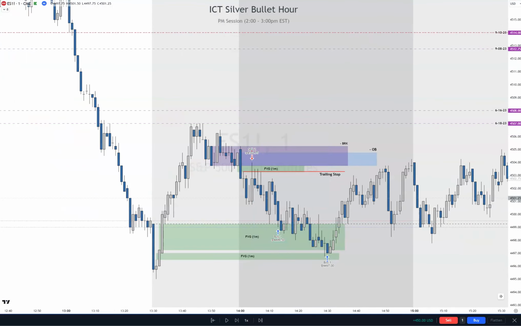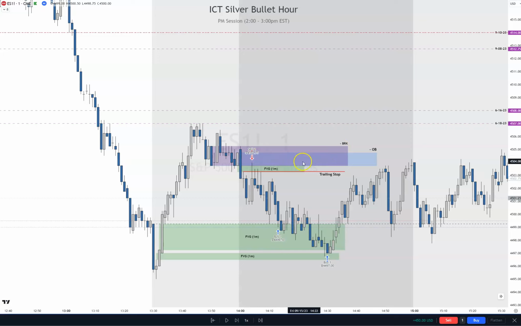Okay, I'm going to take off the short position. All right, so we came to the 2 p.m. silver bullet hour, and price had already reached a low and then started retracing and stopped at this new week opening gap. Then price started trading down, making a high, resistance, liquidity run back down to these fair value gaps down here. We started marking up structure.